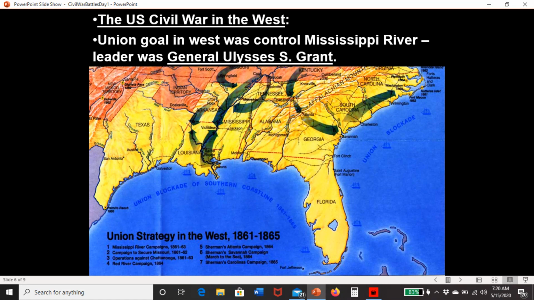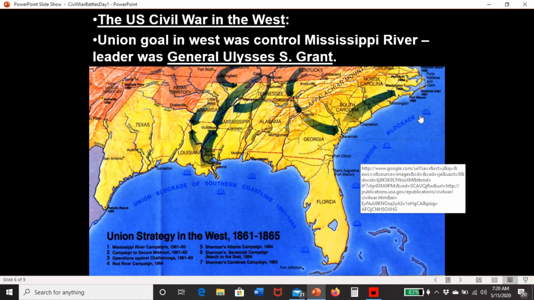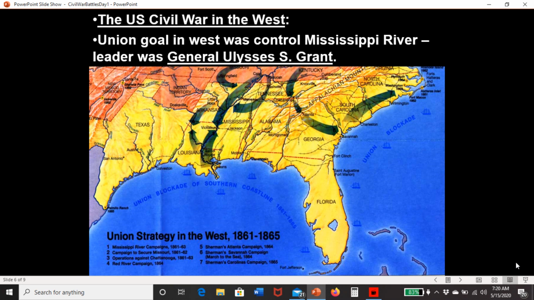If we think back, the Union's plan is the Anaconda Plan, in which they want to suffocate the South by blockading the Gulf of Mexico and the eastern coast, as we see with this map. But also, we want to take over the Mississippi River, so it cuts the Confederate States in half and separates them, like Texas, from the rest of the Confederacy.